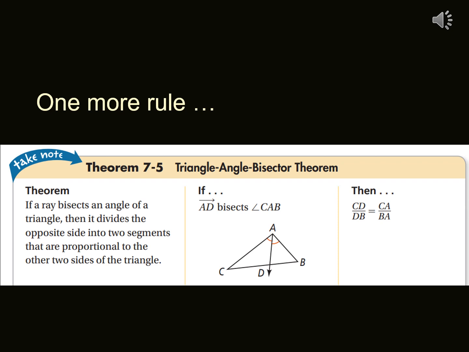Now what this is saying is if I made a fraction out of the 2 parts of the bottom of this triangle, it's going to be the same as if I make a fraction out of the left and right sides. You can use the sides of the triangle or you can use the bottom, and if you do left over right, it's going to be the same as left over right the other way.